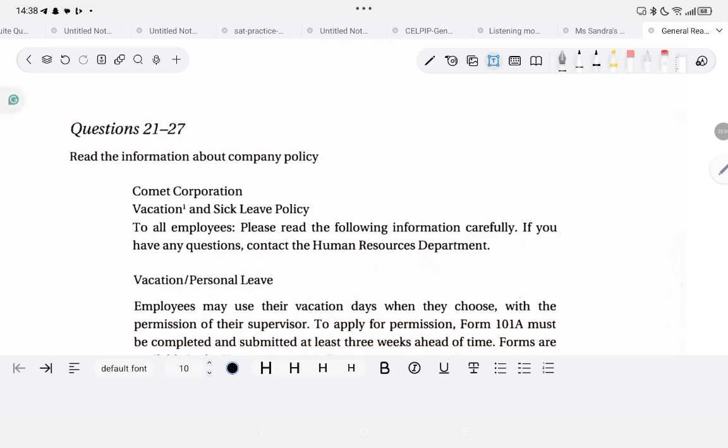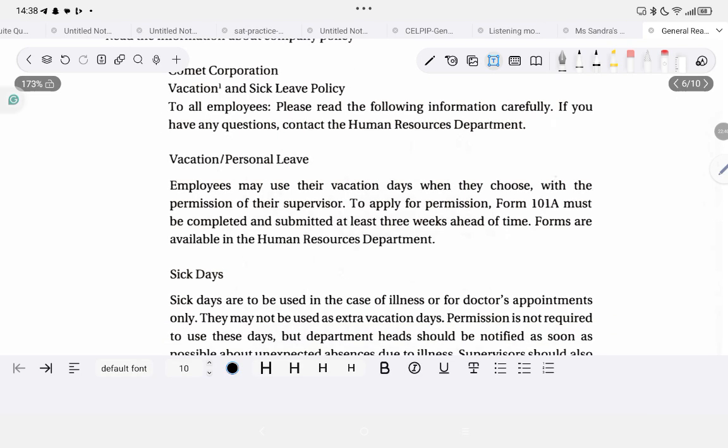If you have any questions, contact the Human Resource Department. Vacation and personal leave. Employees may use their vacation days when they choose with the permission of their supervisor. To apply for permission, Form 101A must be completed and submitted at least 3 weeks ahead of time. Forms are available in the Human Resources Department.